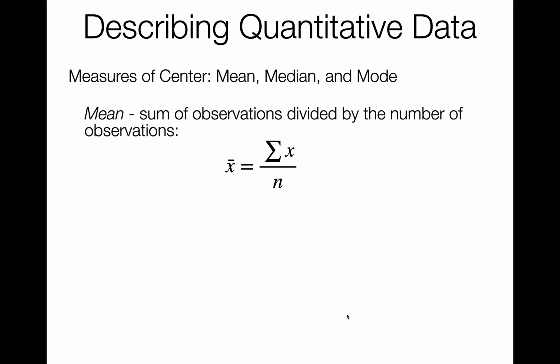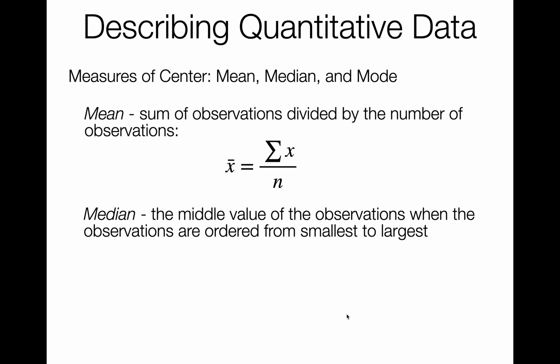So I sum all the observations up, then I divide by n. The right part of the equation you don't need to worry about. I don't care that you know what sigma means. I do care that you know that x bar represents the mean. So if I ask you for the symbol for the mean, you should say x bar.